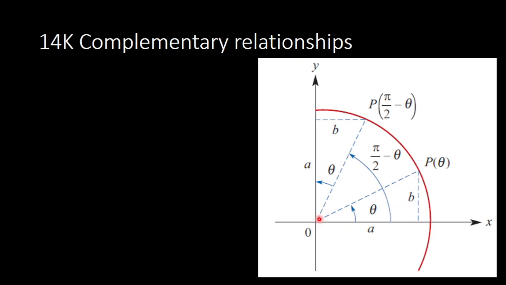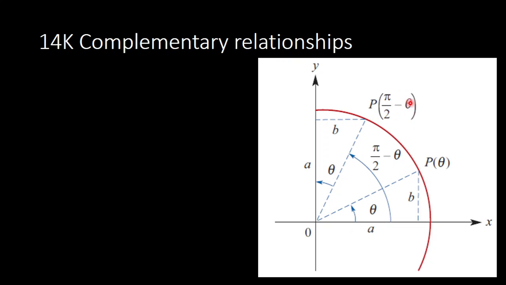If we take that triangle and flip it, move it to that side, so that the A side will be over there and the B side will be flipped that way, we end up with a new point that makes a different angle to the x-axis, which, if you go all the way to pi on 2 and go back by theta, is pi on 2 minus theta.